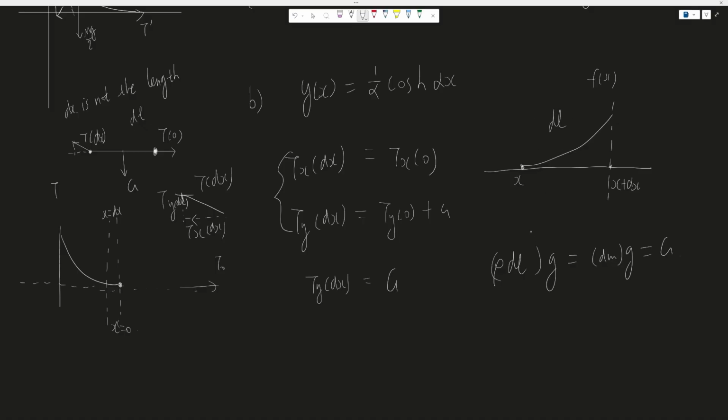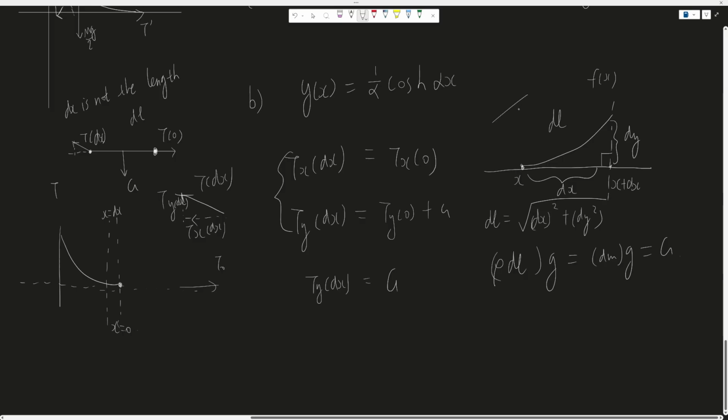So what can we do? We can write dl as, so this part is dx, this part is dy. And so we know that it is the square root of dx squared plus dy squared. It's basically a right angle triangle because this dl would be so small that on a big curve, dl is basically just a straight line.